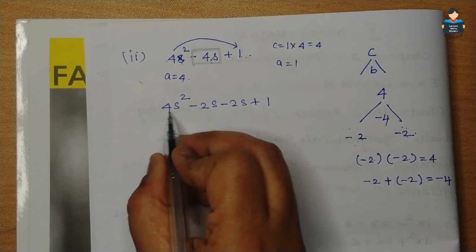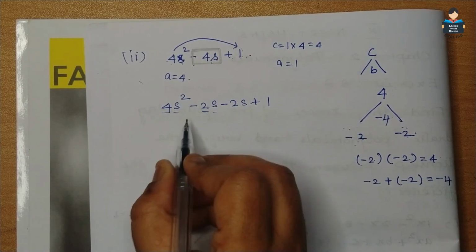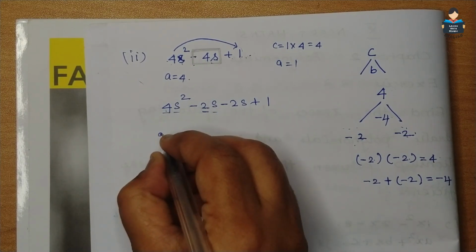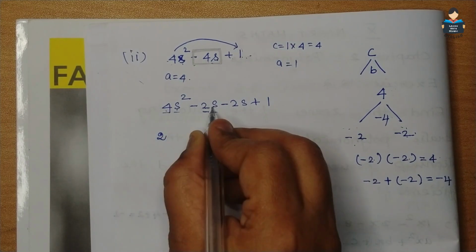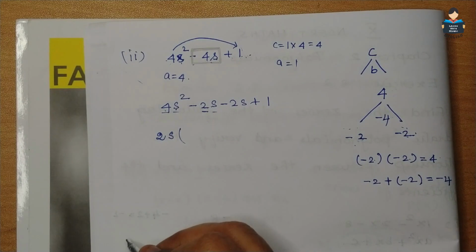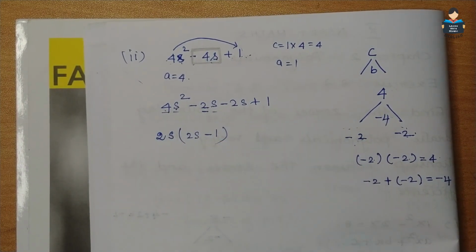Now I have 4 here, 2, and s square, s. So these two are multiples of 2. So I am going to take 2 as common, and s I have on both the terms, so I am going to take s also as common. So I will have 2s minus 1.